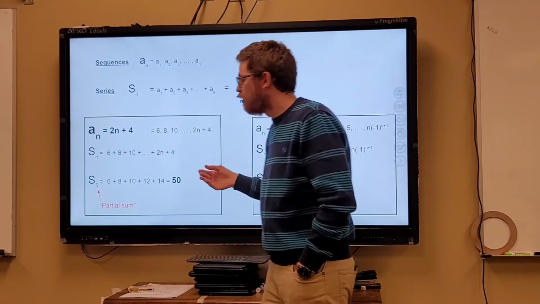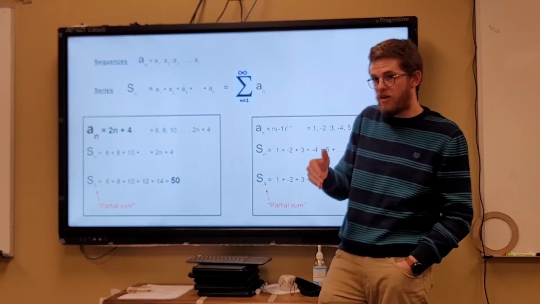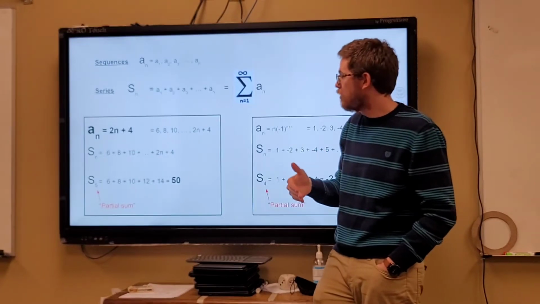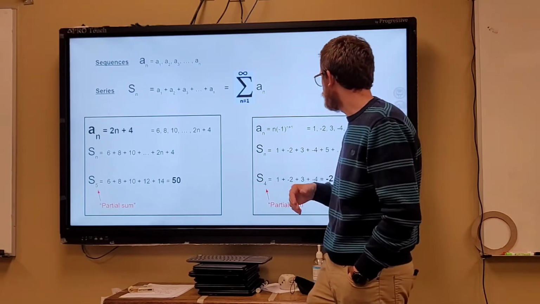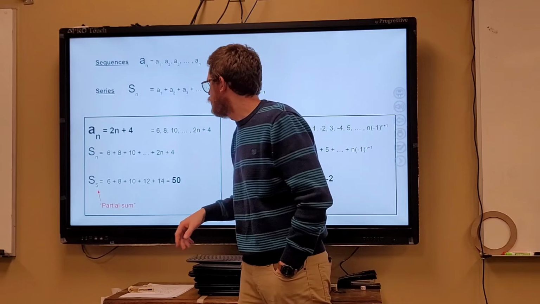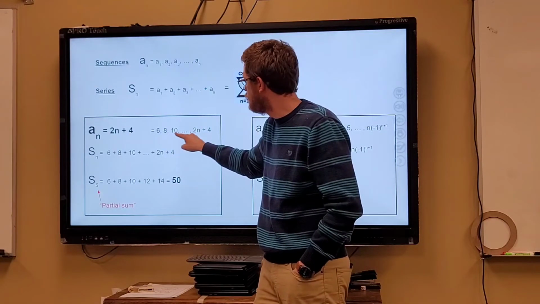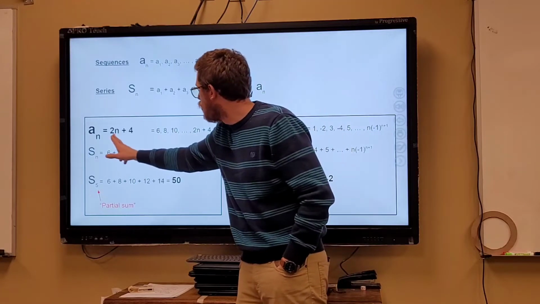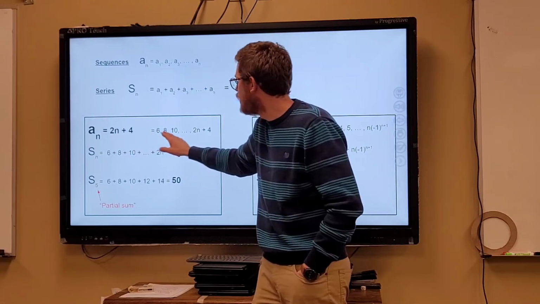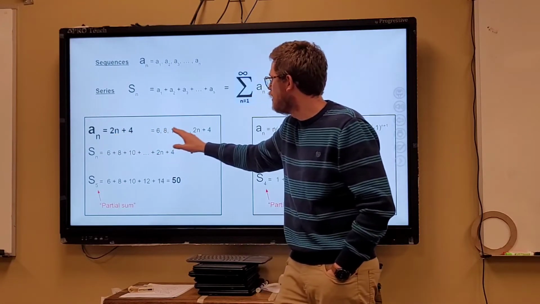So that little n tells us the term in the sequence that we're looking for. If we wanted to find the third term, it would be 10. If we plug in a 1, we get 6. If we plug in a 2, we get 8. If we plug in a 3, we get 10.